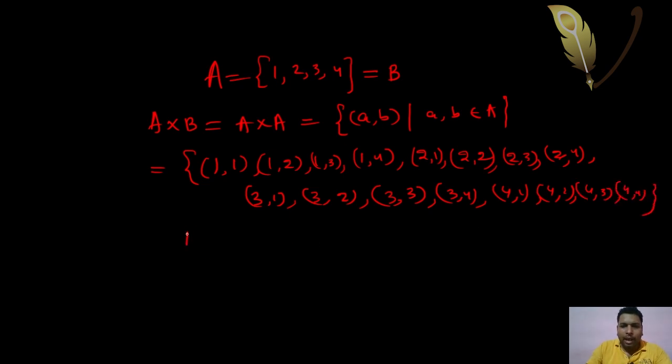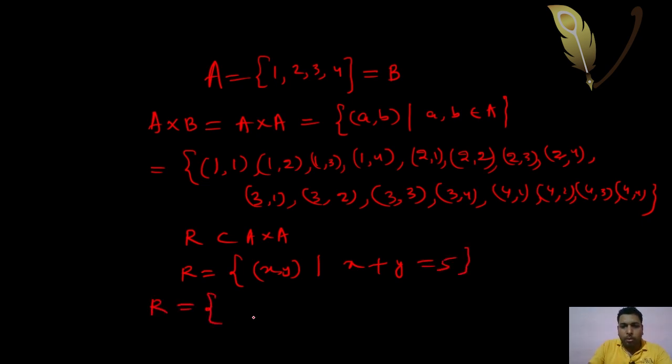Now R is a subset of A into A. Suppose R equals the ordered pairs (x, y) such that x plus y equals 5. So now this relation R equals {(1,4), (2,3), (3,2), (4,1)}.